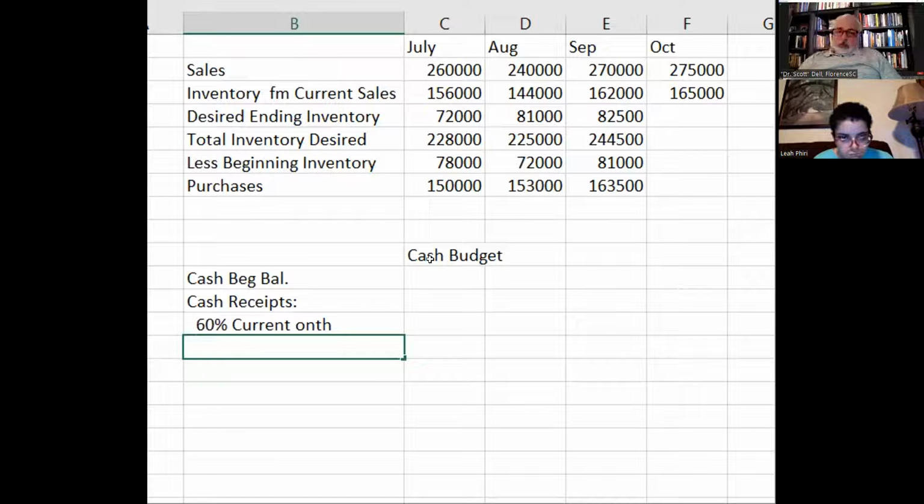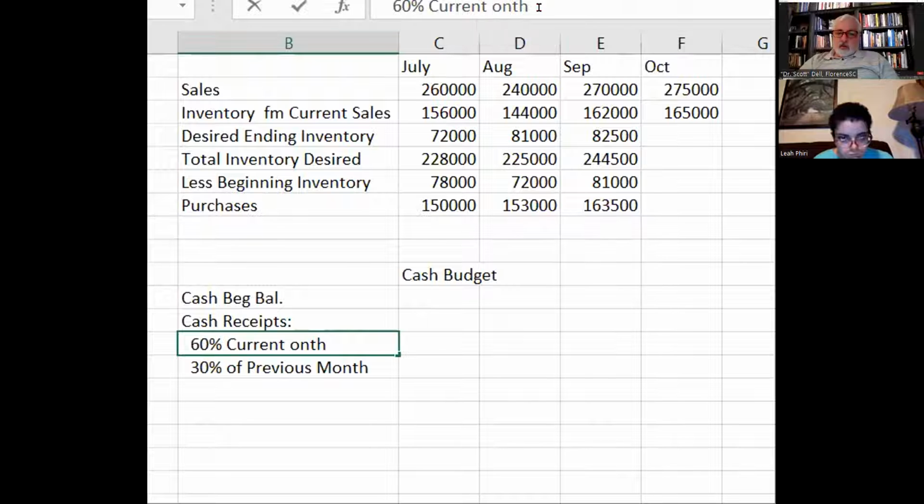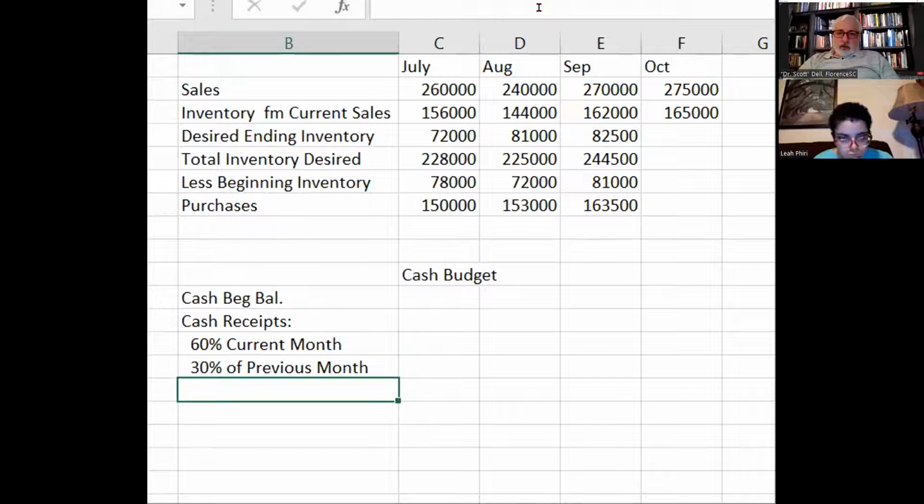And previous month was 30%. Finally, it's nice when we get 100%. Rare, but we're going to budget with 100% of sales 2 months previous.